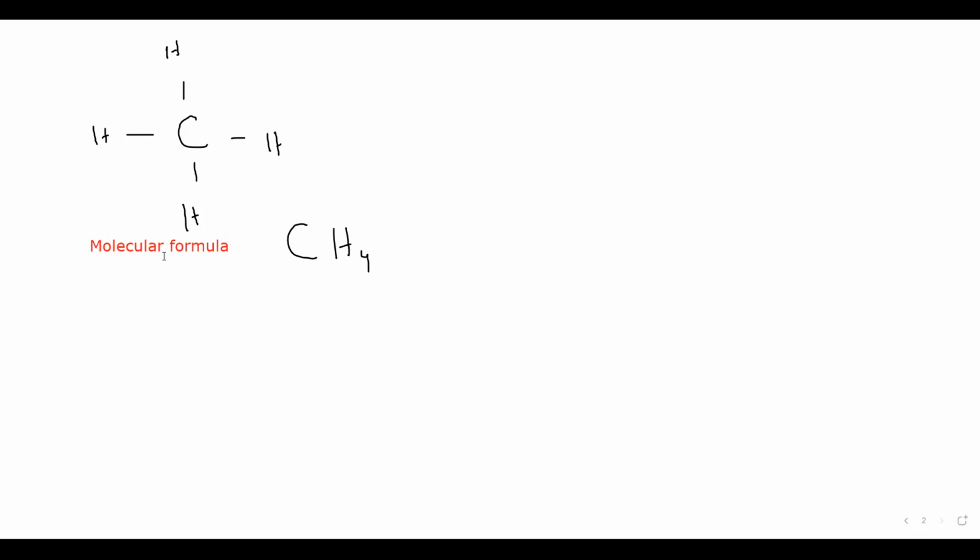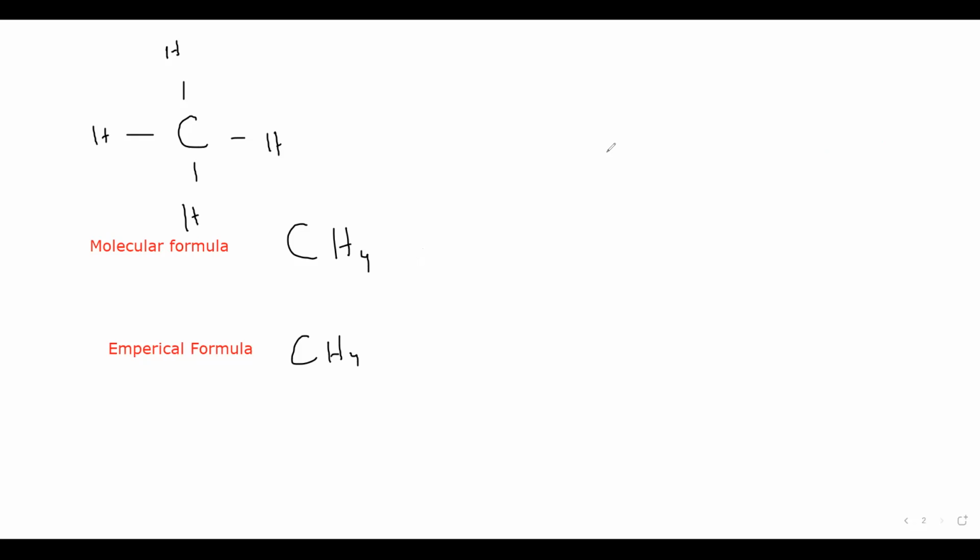What is the empirical formula of this compound? The simplest ratio between carbon and hydrogen. Because 1 and 4 cannot be further simplified, the empirical formula is also CH4. So in this example, the compound has the same molecular and empirical formula.